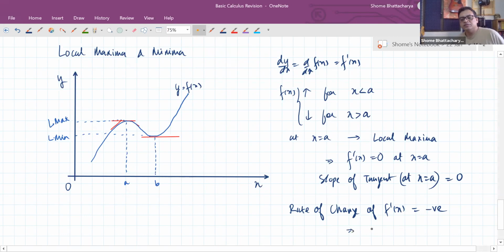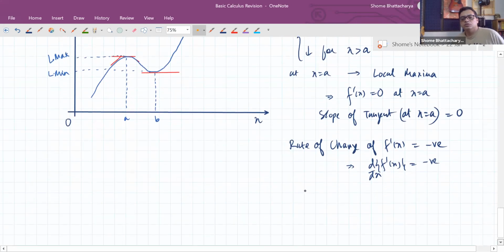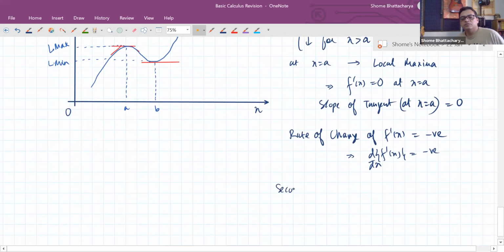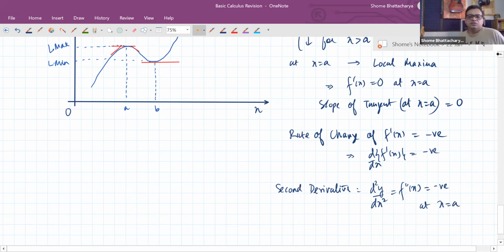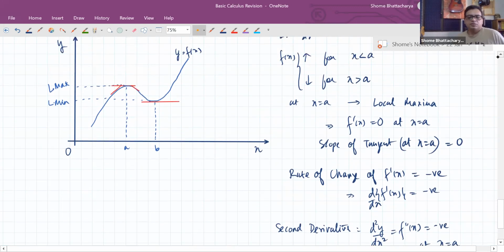That means its derivative, that is differentiation of the first derivative, or what we call the second derivative, should become negative. So the second derivative, which is denoted by d2y by dx square, or in short as f double prime x, becomes a negative quantity at x equal to a. So this gives us the proper condition for local maxima at a given point.